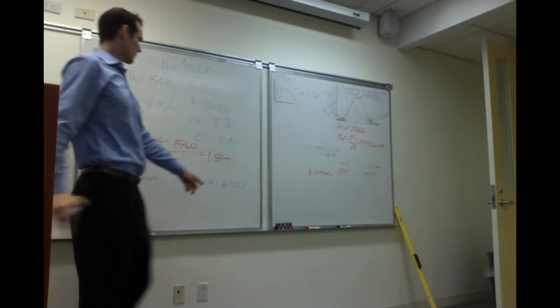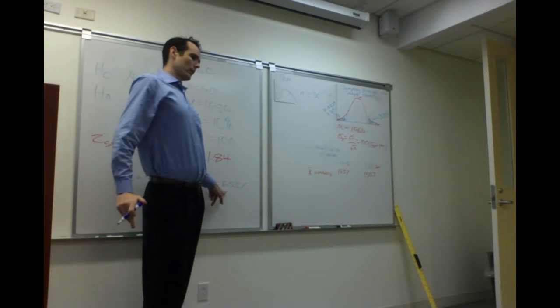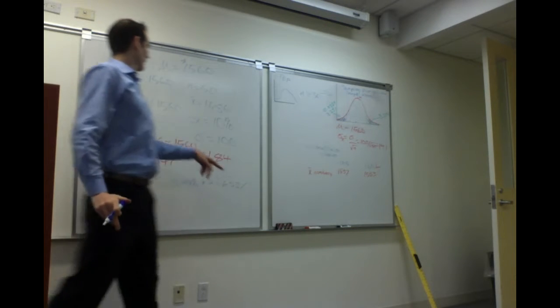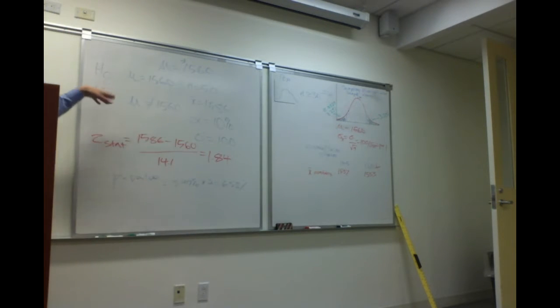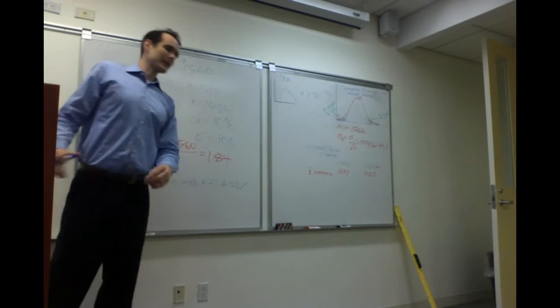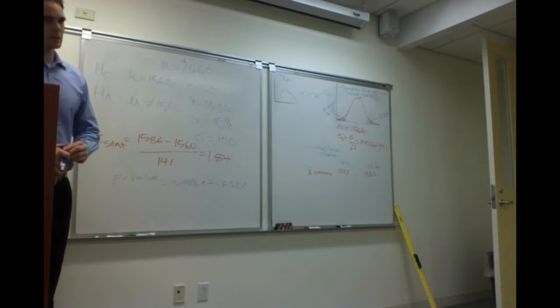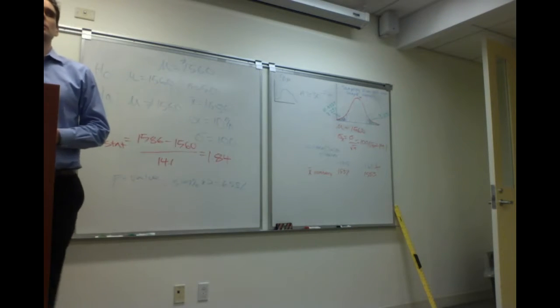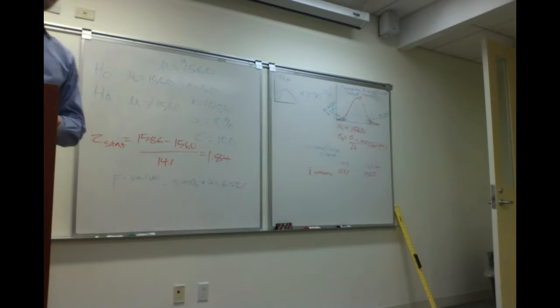So instead of just saying there's a 10% chance of getting something that extreme and incorrectly rejecting the null hypothesis, we can now say there's a 6.6% chance of getting something as extreme as we actually got. And we define that by calling it the p-value. The p-value for this sample mean is 6.6%.